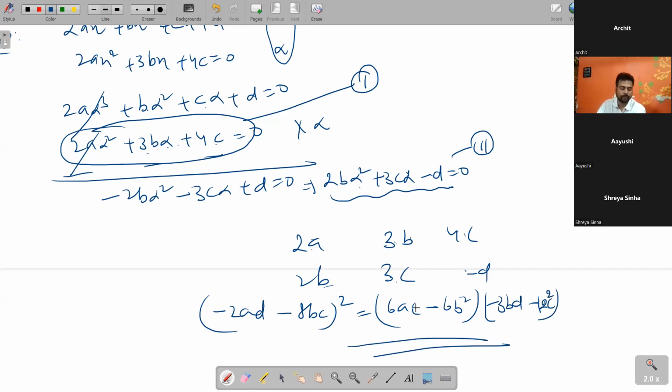This is the condition that will exist. Understood? Yes. Note it down.